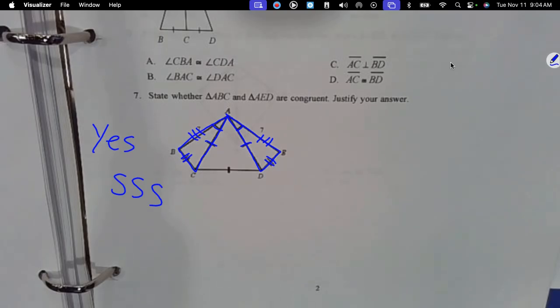Everybody good with that one? How'd you get the other markings? Well, I just did that because if this is 7 and this is 7, what does that mean? That they are congruent. So I just marked them congruent.